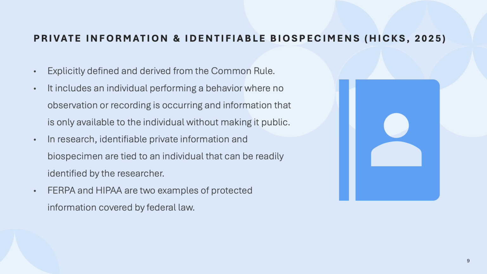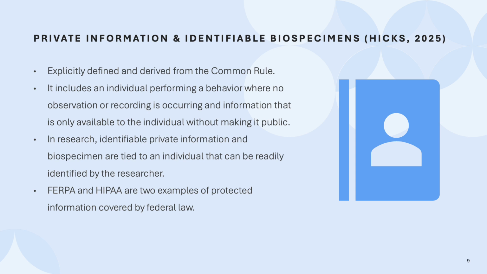To give you some real-world examples of how private information is protected, we can look at federal laws like FERPA and HIPAA. FERPA, the Family Educational Rights and Privacy Act, protects student educational records, while HIPAA, the Health Insurance Portability and Accountability Act, protects sensitive patient health information.